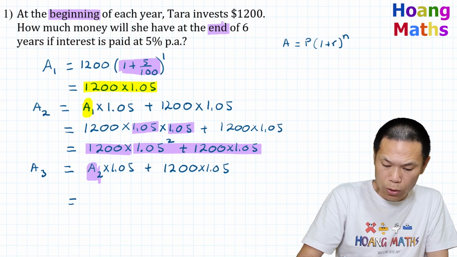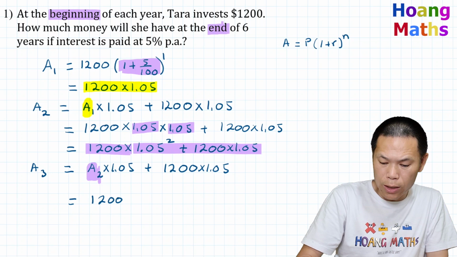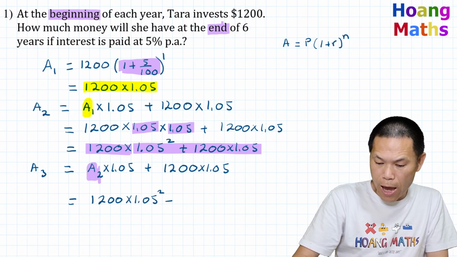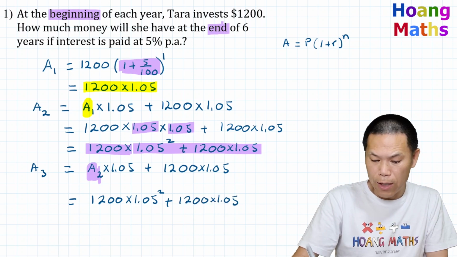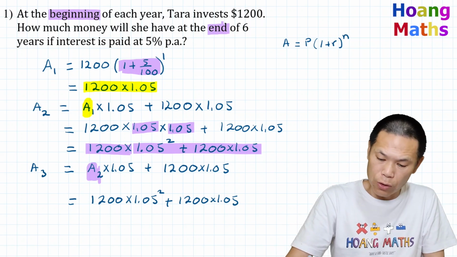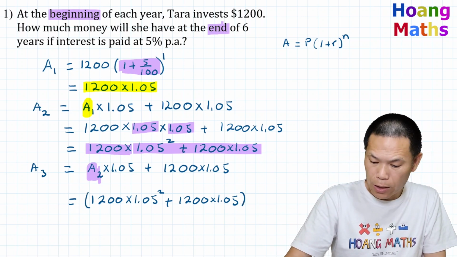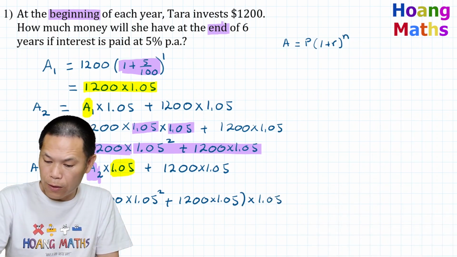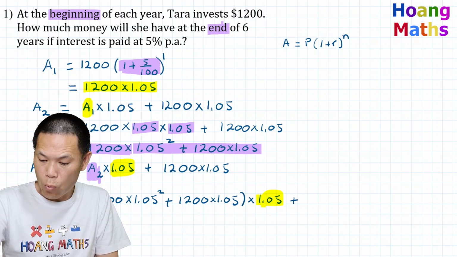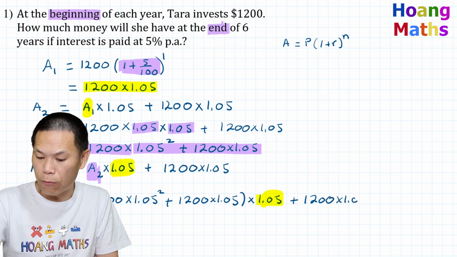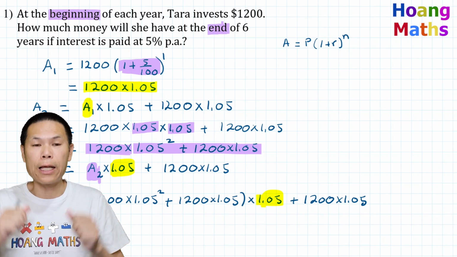A2 is equal to 1,200 times 1.05 squared, we add 1,200 times 1.05, and we times 1.05. Of course we need to bracket this and times by 1.05, and this 1.05 is this one here. Keep that in mind. Then we need to add 1,200 times 1.05. That is then the third year.